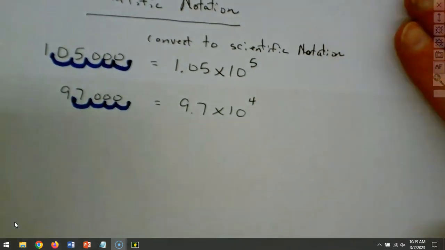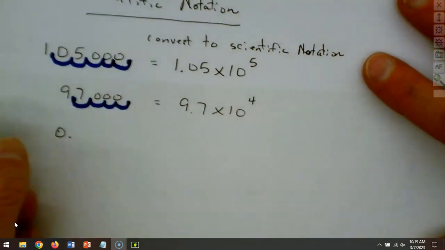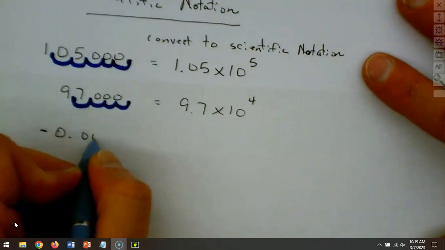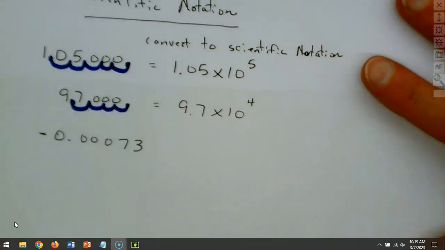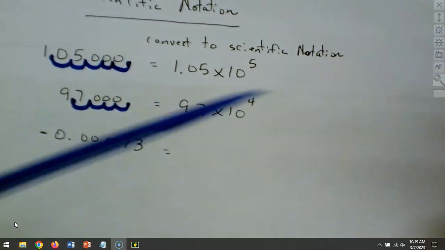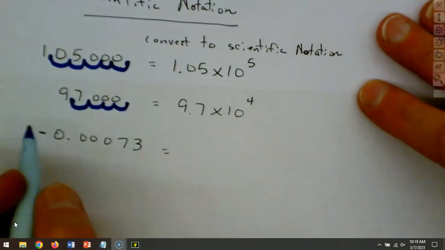Next, let's do a decimal. How about, and we'll put a negative in front, how about a minus 0.00073? So I want to write this one in scientific notation. Now, if you move to the right, you're going to have a negative exponent.